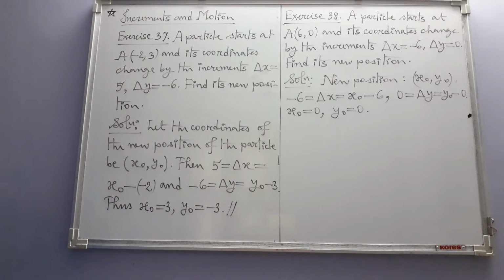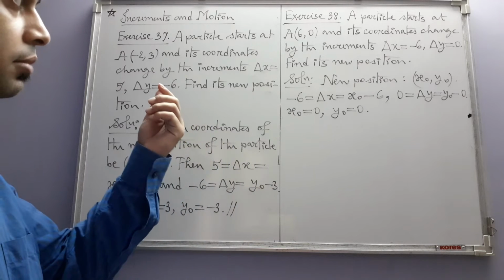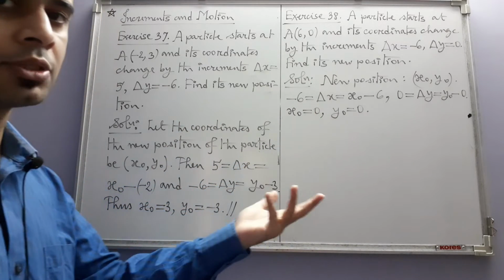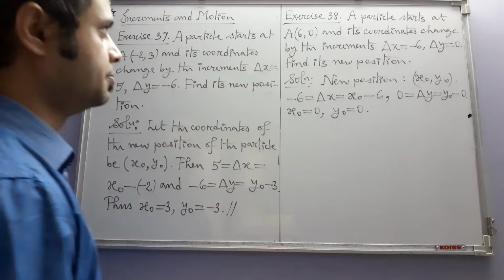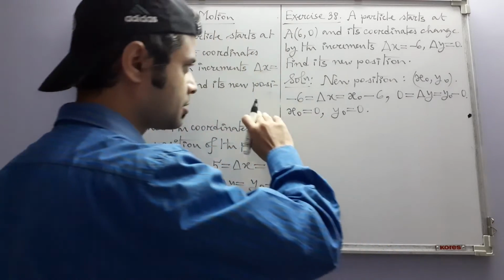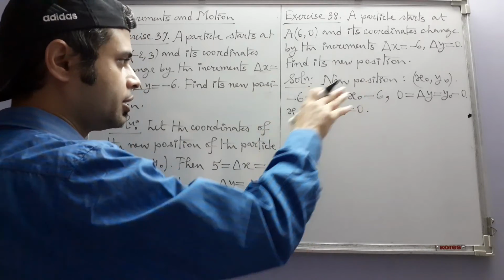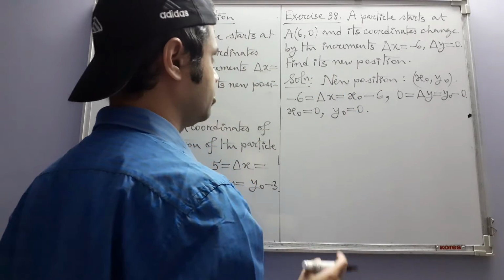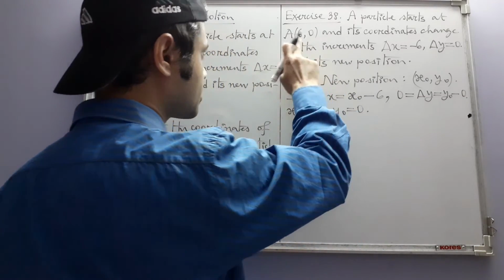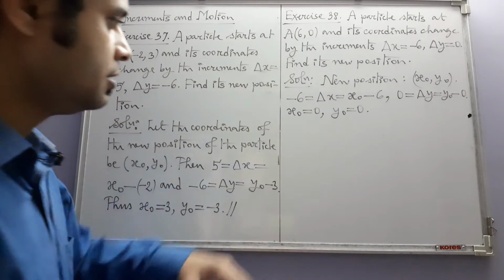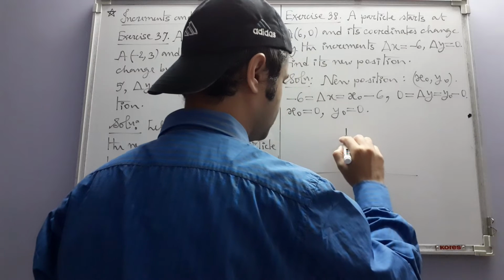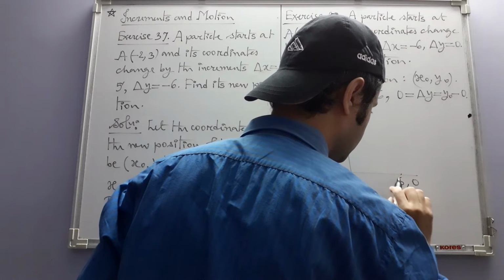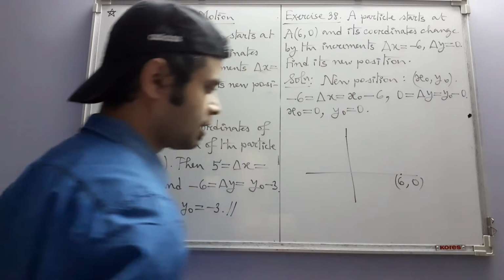So the particle after making this journey comes to the origin. Instead of going through these calculations mechanically, you can also try to understand it somewhat casually. The particle starts at the point 6, 0, where this point is 6 units away from the origin.